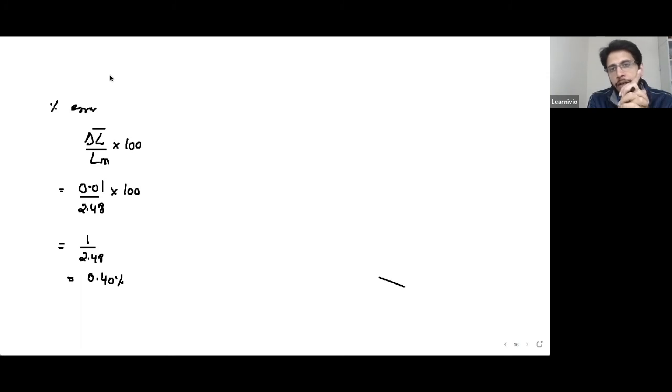Say you know the error in quantity A, and you know how to calculate the error in quantity B. Now you have to see how this error will combine if you add A and B, or subtract A and B, or multiply A and B, or divide A and B. From now onwards, in the questions, you will be given the mean absolute error in A and the mean absolute error in B. He will ask you to calculate the mean absolute error when you add, subtract, multiply or divide A and B.